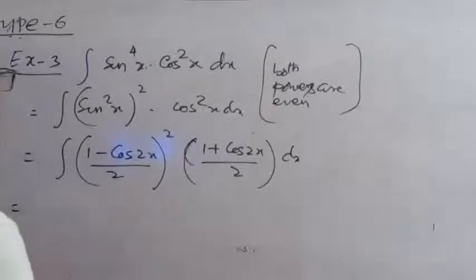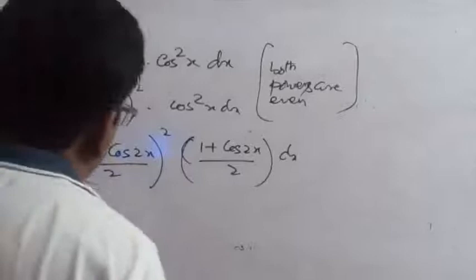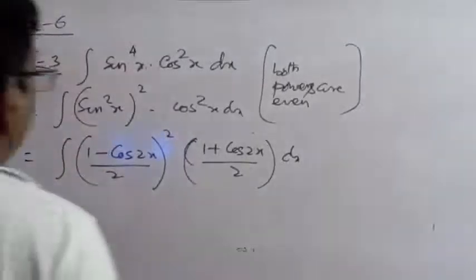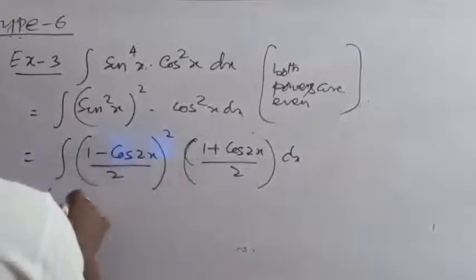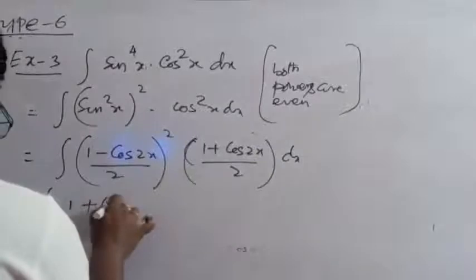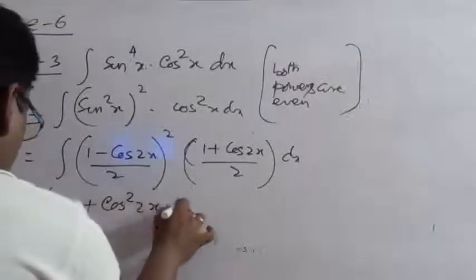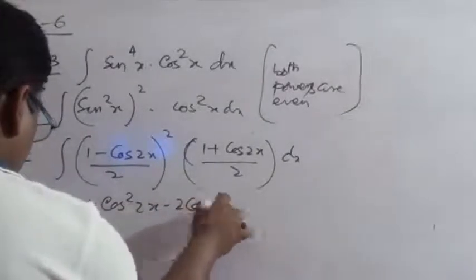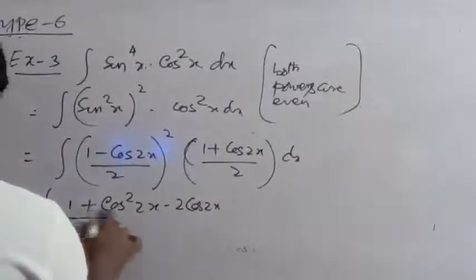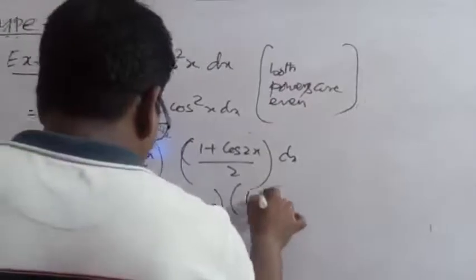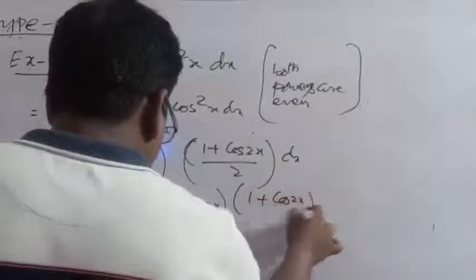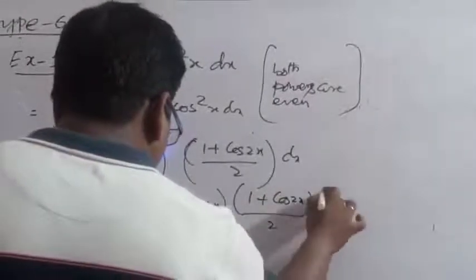Now this is equal to 1 minus cos 2x whole square, and 1 plus cos 2x. Here we can apply 1 by 4: (1 plus cos square 2x minus 2 cos 2x) divided by 4 into (1 plus cos 2x) by 2 dx.